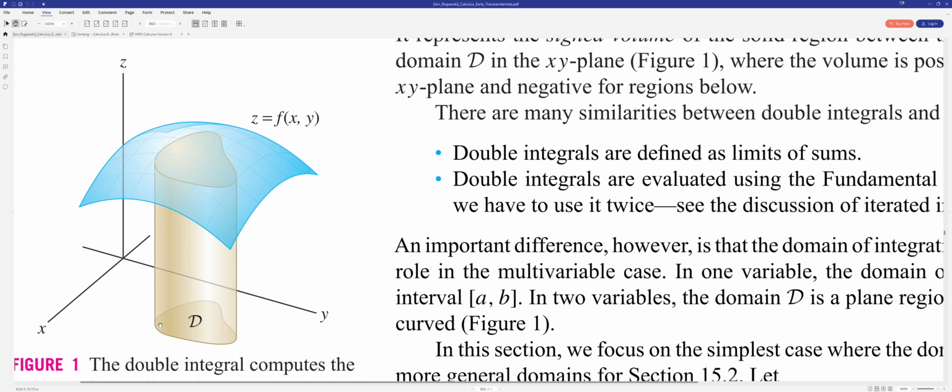So you could think of doing the same thing. You have your region D and you just project it up until it hits the graph.